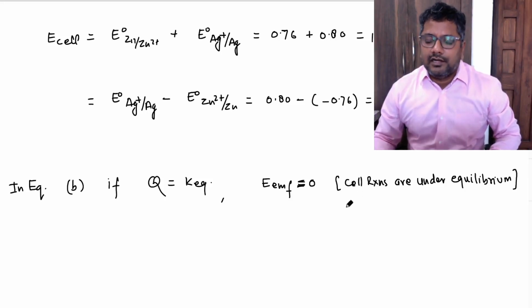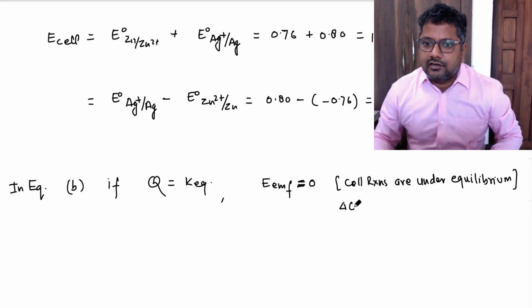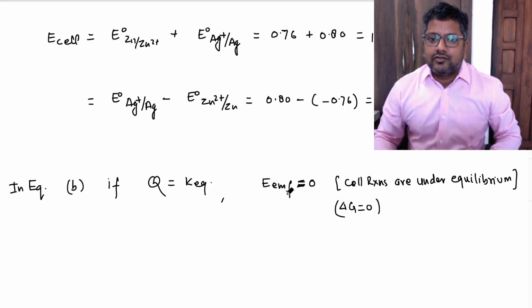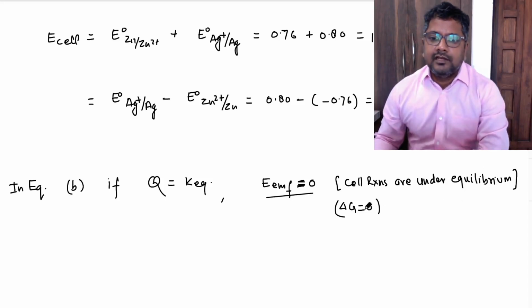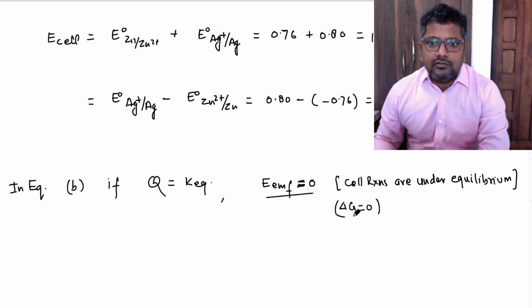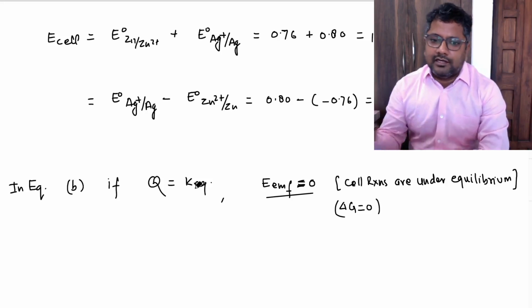And delta G is also equal to 0. Or vice versa, you can say if cell reactions are under equilibrium, delta G is equal to 0, so EMF is equal to 0, so Q is equal to K equilibrium. Both ways you can justify this.